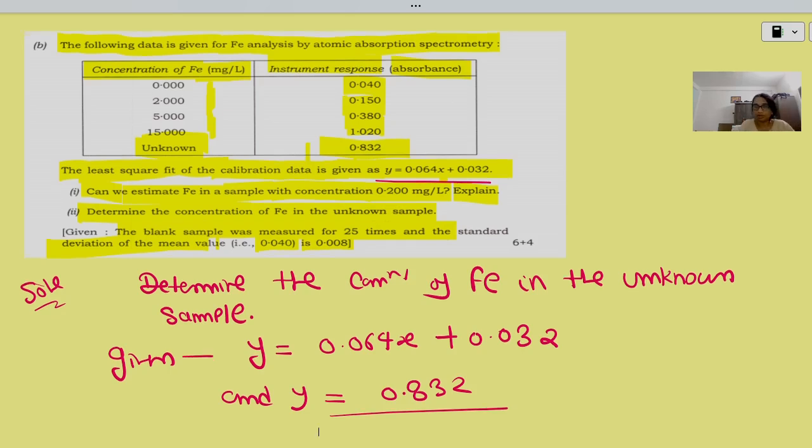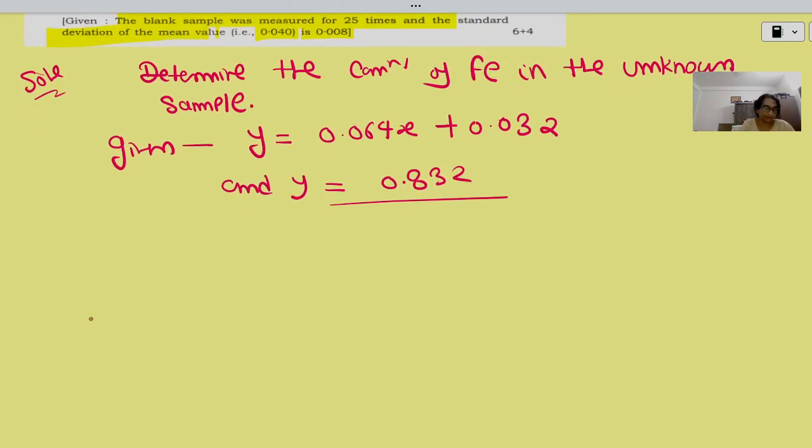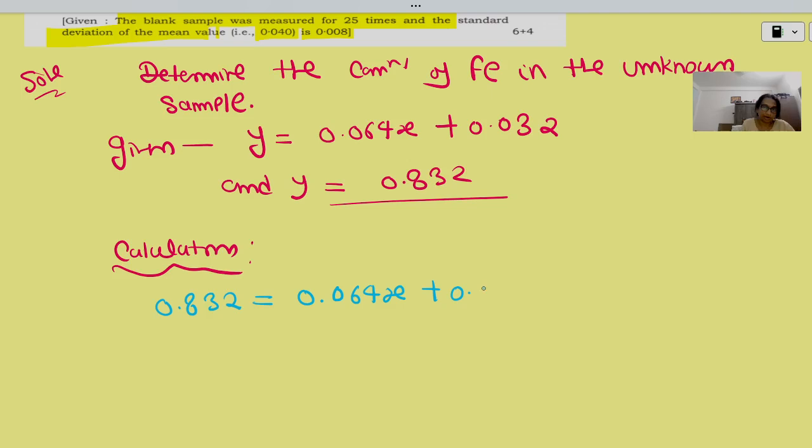Now calculate our unknown concentration on the basis of this. The calculation is like that: 0.832 is equal to 0.064x plus 0.032.